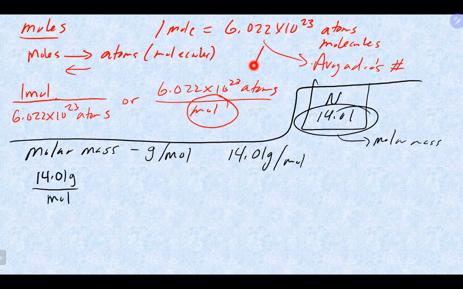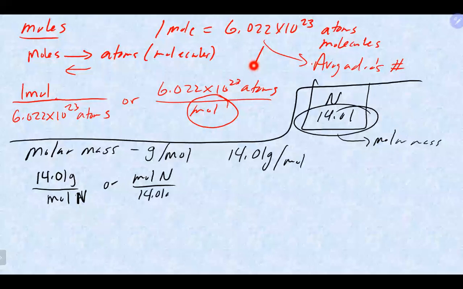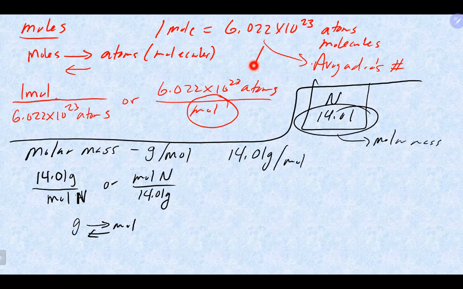We could say 14.01 grams per mole of nitrogen, or a mole of nitrogen is 14.01 grams. So molar mass is one we use a lot to do these conversions, going from grams to moles and back, moles to grams. In a lot of chemistry calculations, the very first step that you often do is grams to moles.